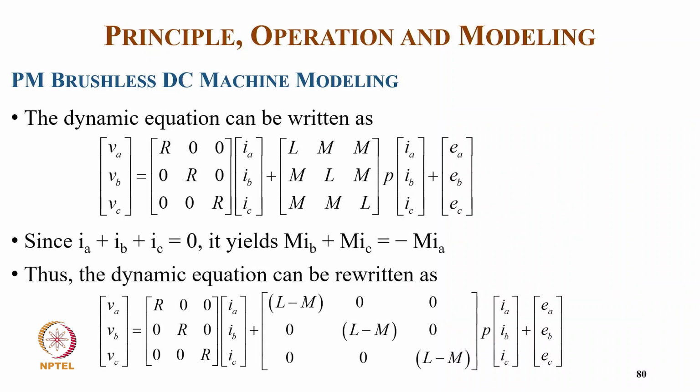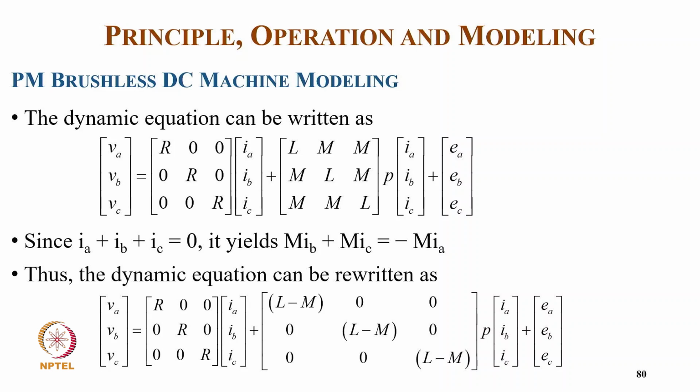So the dynamic equation can be written the same way, and since IA plus IB plus IC equal to 0, it yields M times (IB plus IC) equal to minus M times IA.